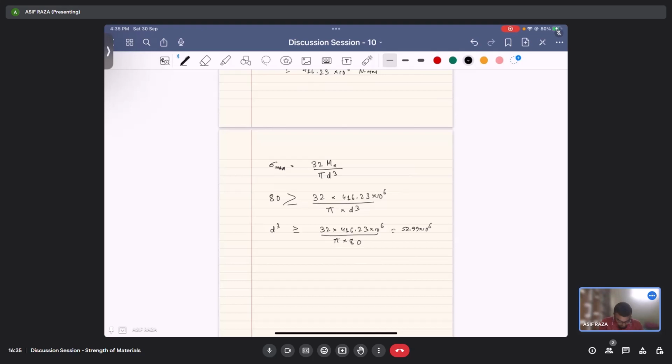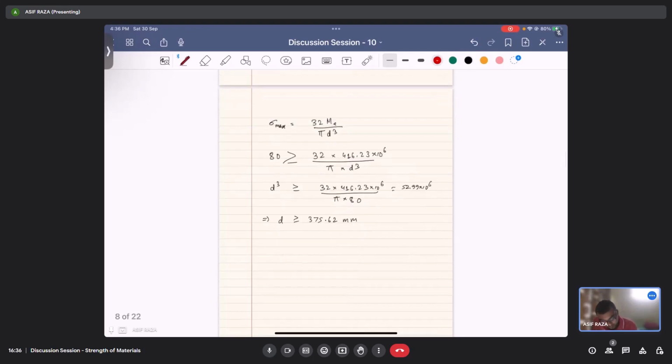This would be equal to, so d is greater than or equal to 375.62 mm.